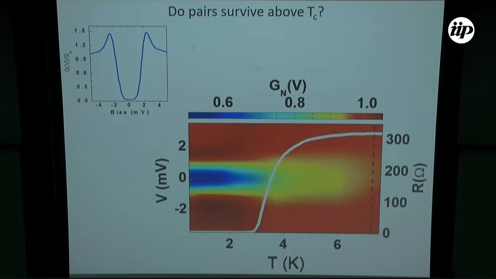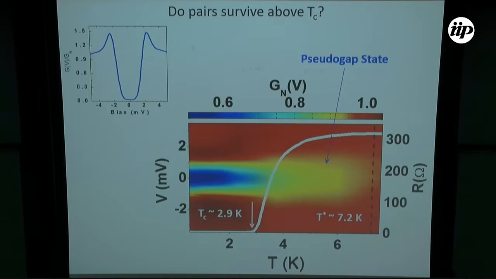What I observe is this. Here I have superposed the resistance variation with temperature. And you see now that the superconducting gap disappearing has nothing to do with TC. TC is here, but the superconducting gap keeps on persisting up to a much higher temperature, which we call T star, and that's well above TC.